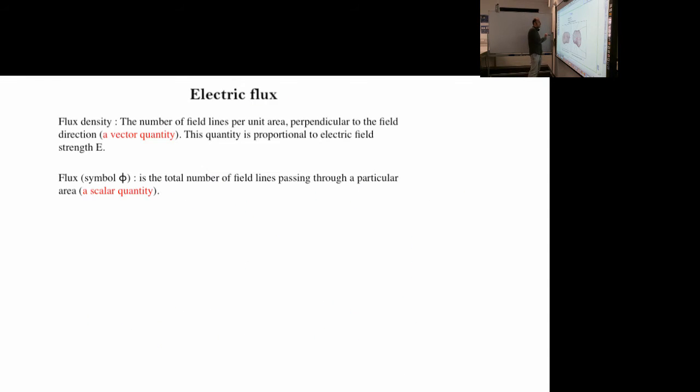So the flux density is the number of field lines per unit area perpendicular to the field direction. Let's consider a surface, given by an area A, with field lines passing through perpendicular to that surface.